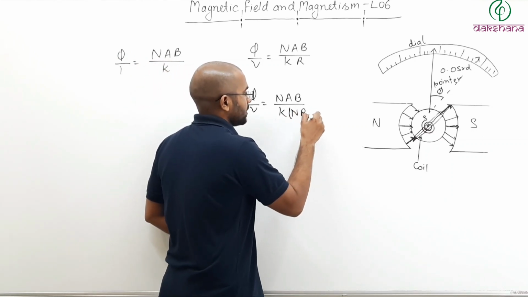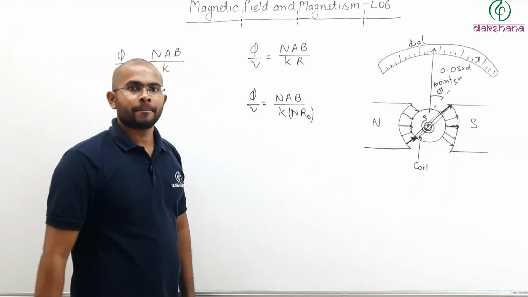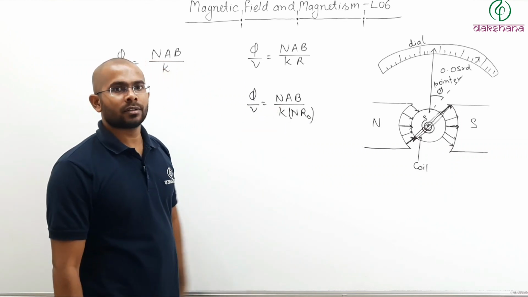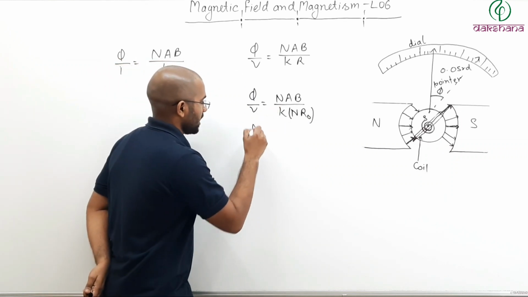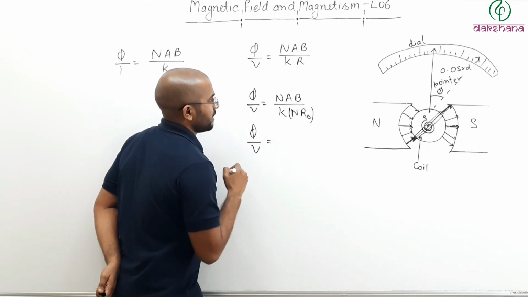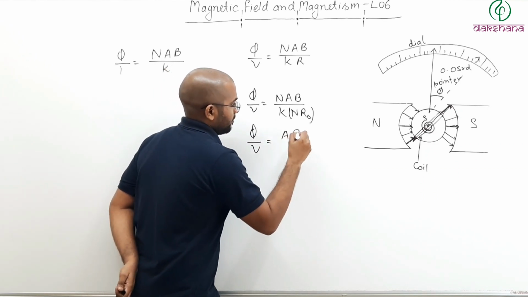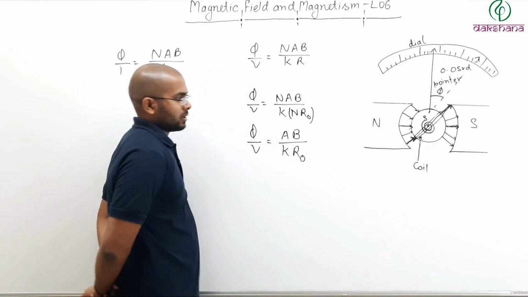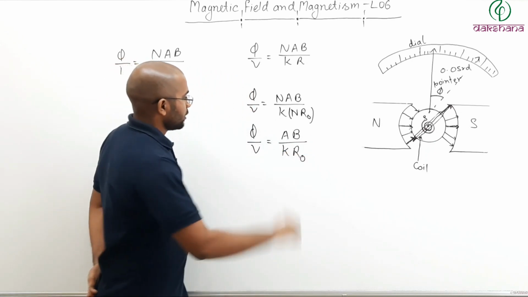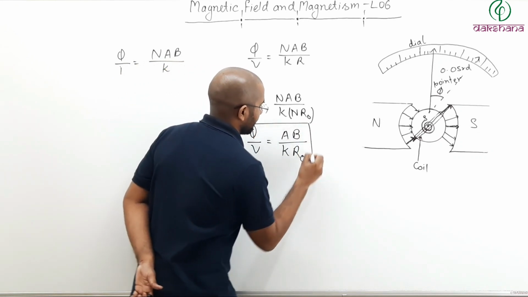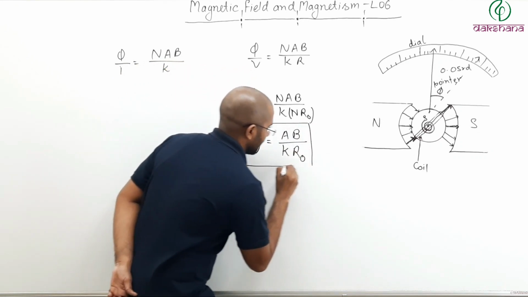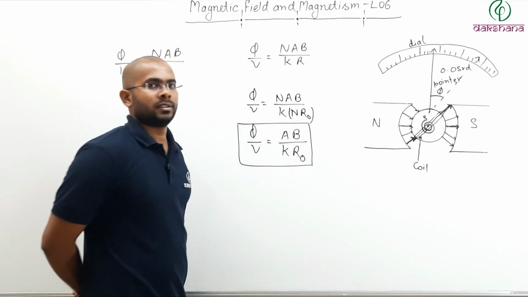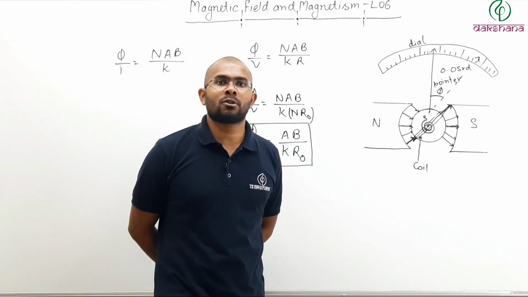N times R naught. N will cancel out. So phi by V is written as AB divided by K times R naught. Meaning your voltage sensitivity is independent of the number of turns in your coil.